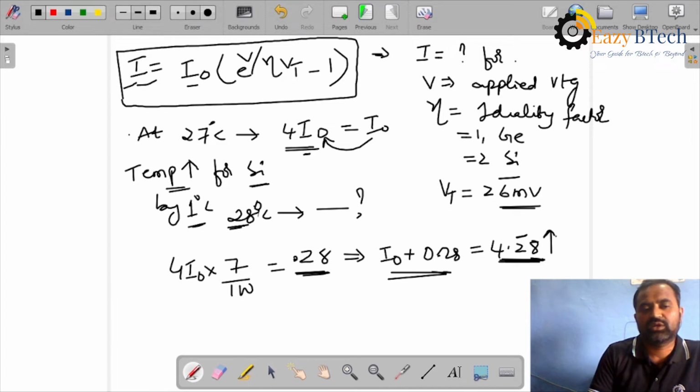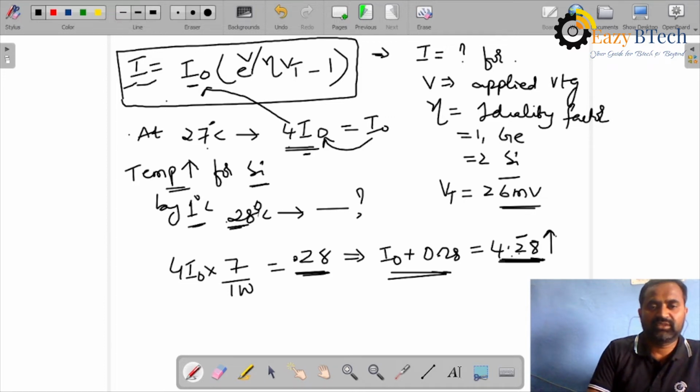Initially the total current corresponds to the reverse saturation current 4 I naught; when the temperature is changed from 27 to 28, the 4 becomes 4.28. You have to substitute this value and see the change. We know V is the applied voltage, eta is 2 for silicon, and Vt is 26 millivolts, everything is known here. Okay students.